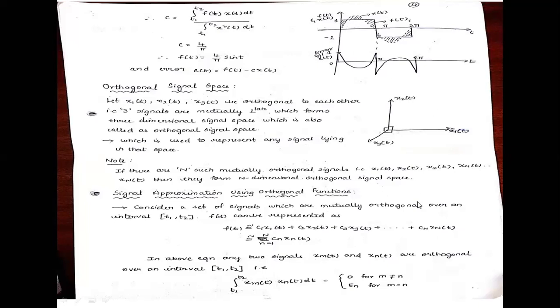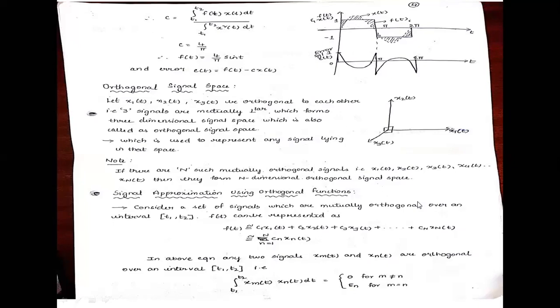Otherwise, if I take x2 and x3, then the integral t1 to t2 of x2 of t, x3 of t dt is equal to 0. You can satisfy that equation. Or the integral t1 to t2 of x3 of t and x1 of t.